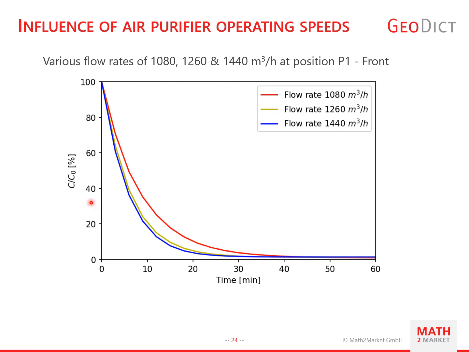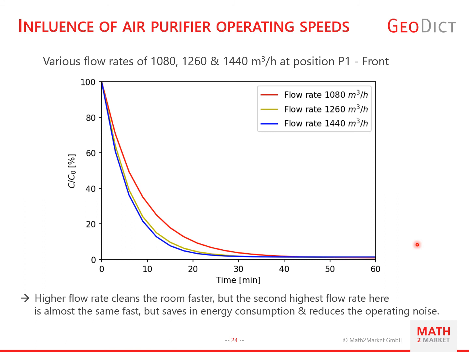When we take a look at the aerosol reduction as a function of time, we can observe that the higher flow rate cleans the room faster. But here the second highest flow rate is almost just as fast, but can save energy consumption and reduce the operating noise.